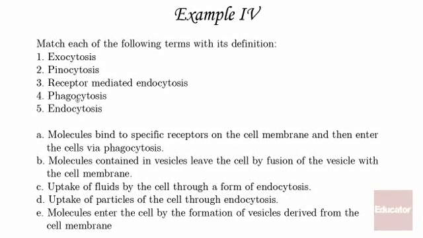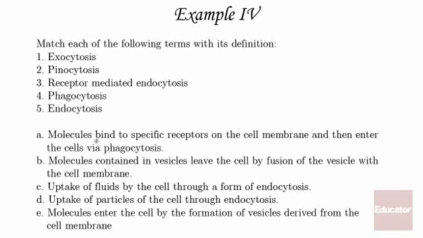Example 4, match each of the following terms with its definition. And we have exocytosis, pinocytosis, receptor-mediated endocytosis, phagocytosis, and regular endocytosis. Looking at the possible definitions. Molecules bind to specific receptors on the cell membrane and then enter the cells via endocytosis.